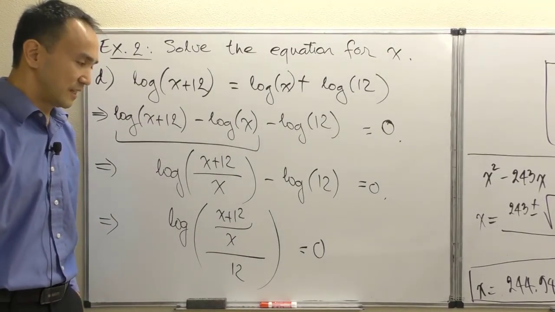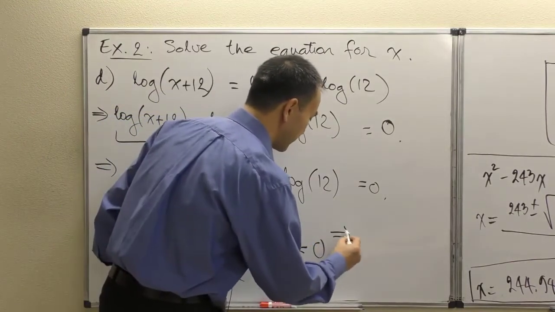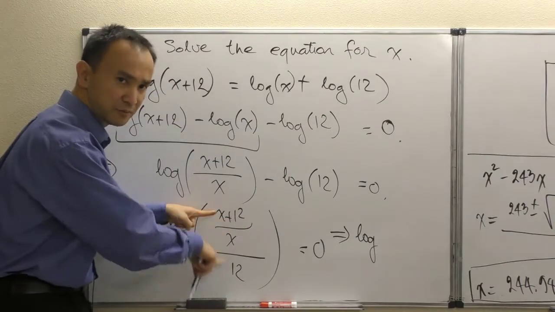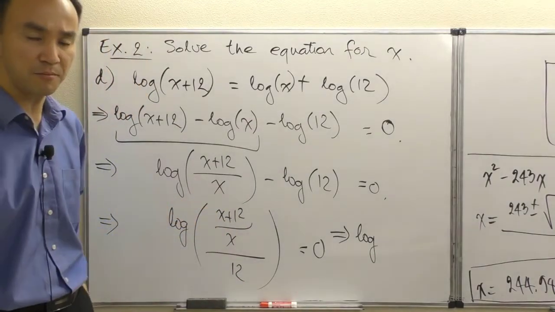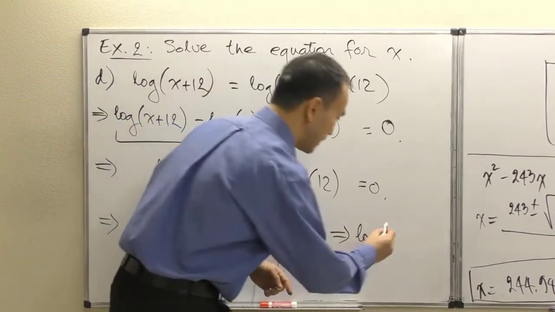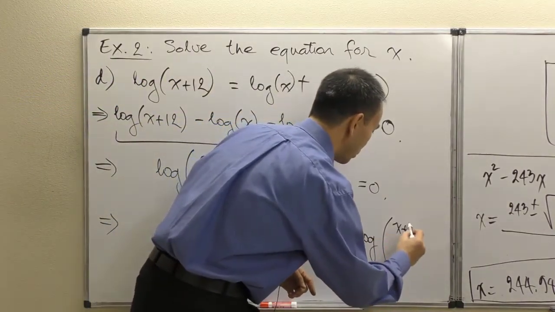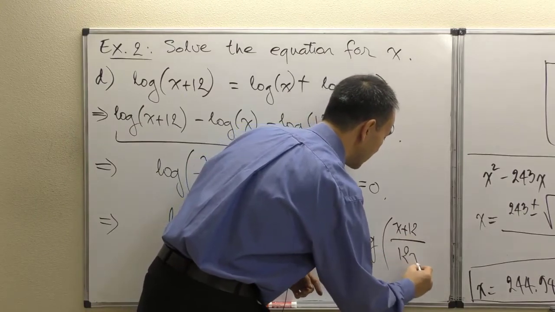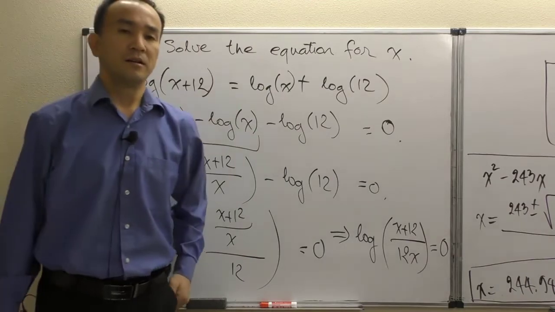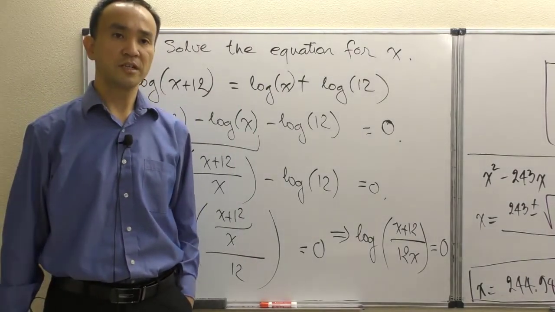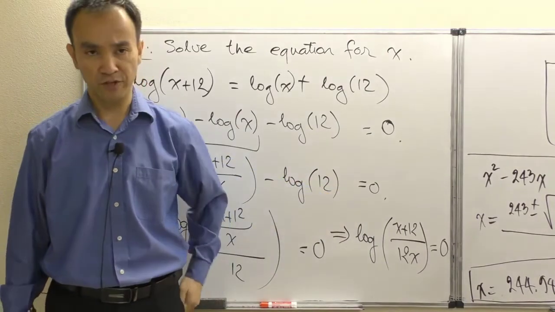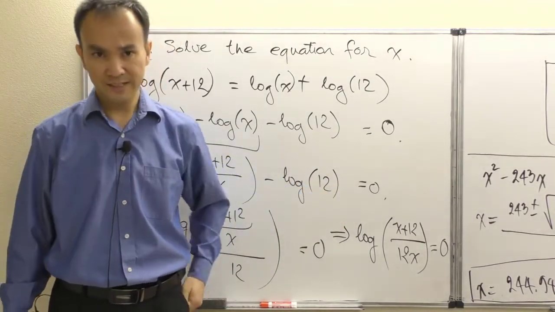In my next step, I end up with log base 10. Now it's just a matter of simplifying the expression inside my log base 10 on the left-hand side a little further. So log base 10 of x plus 12 divided by 12x, and all of that equals 0. Ladies and gentlemen, what have we achieved here?